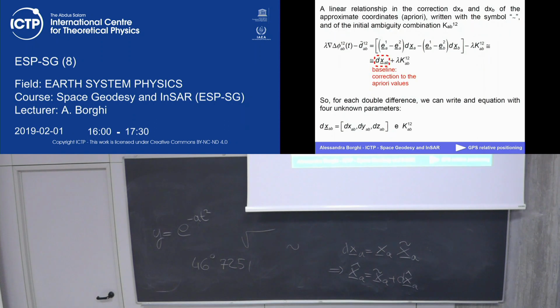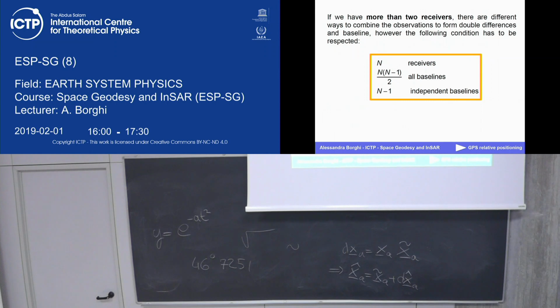And okay, we have seen that if you have many satellites, there is a rule for the number of independent double differences that we can set up. The same applies when you have more receivers.